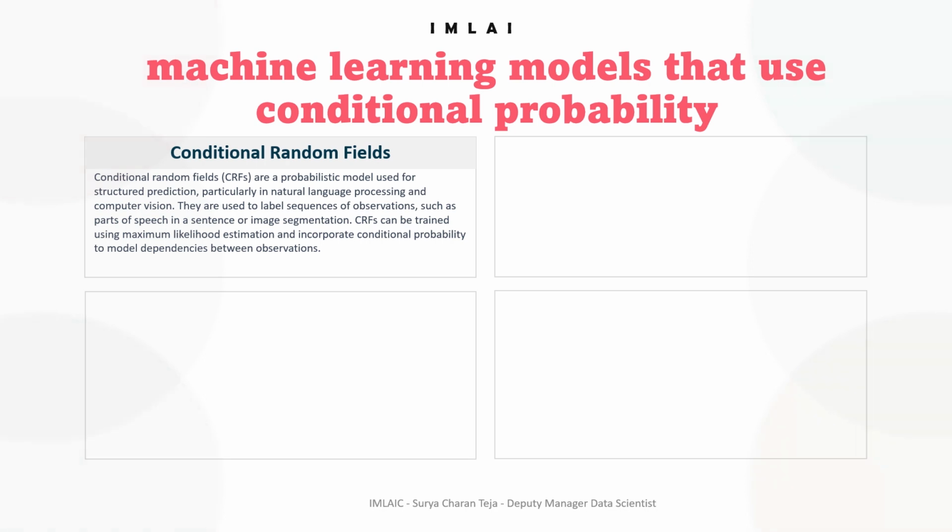Okay, next let's take one example from CRF. Conditional random fields, CRFs, are a probabilistic model used for structured prediction, particularly in natural language processing, NLP, and computer vision. So this is very important for computer vision as well as NLP.